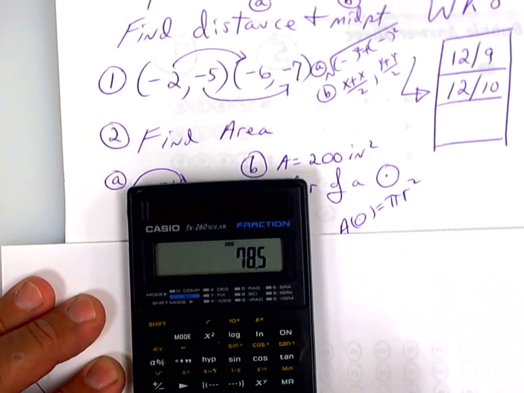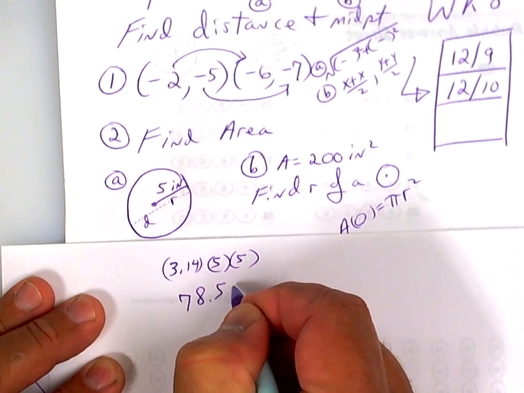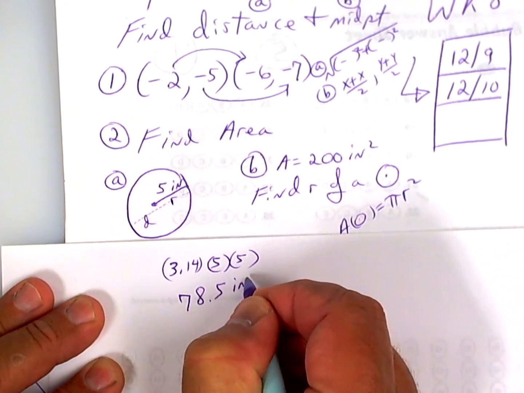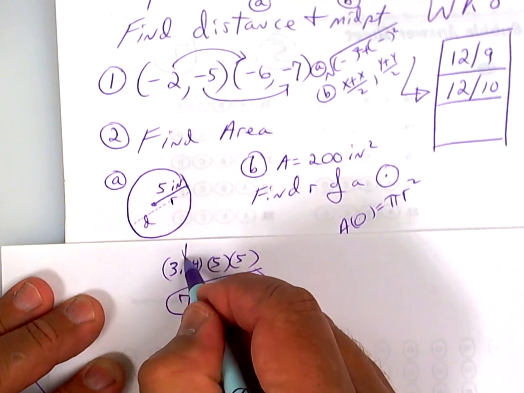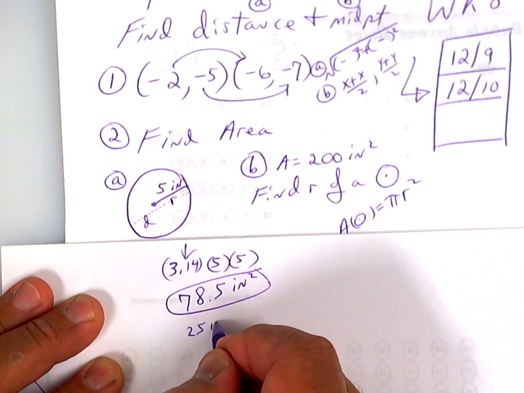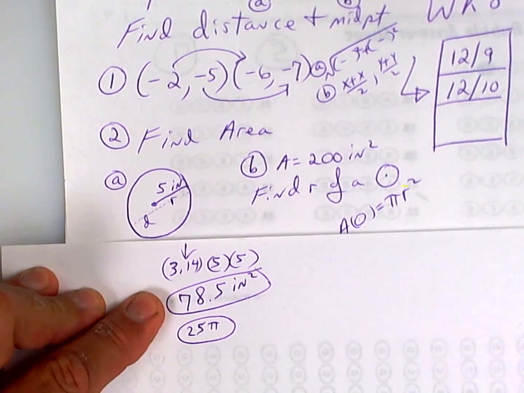And we get a grand total of 78.5 square inches. Now, if they said in terms of pi, then you would leave pi alone, and it would just be 25 pi. So either one, 25 pi or this number, depending on how they asked it.